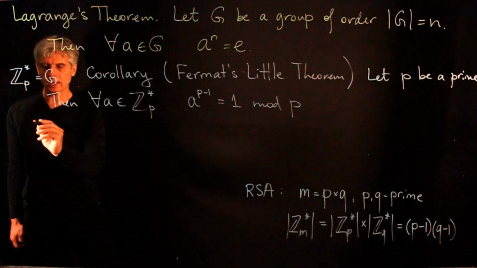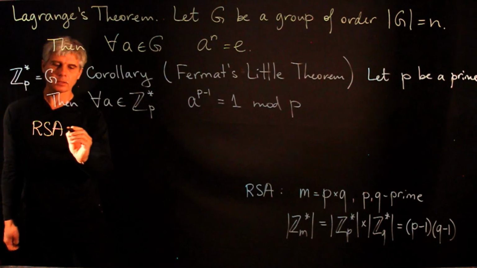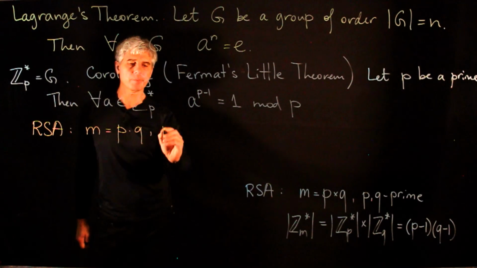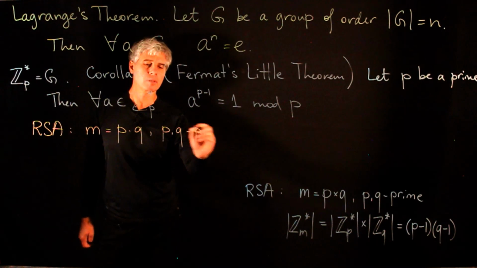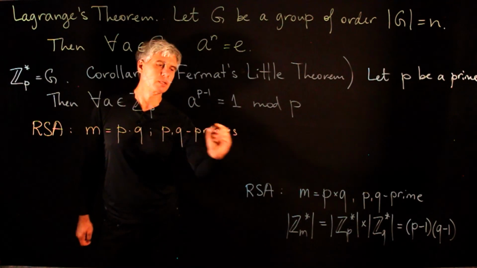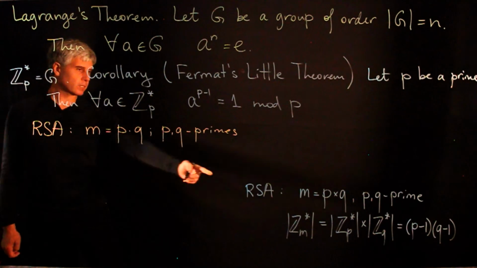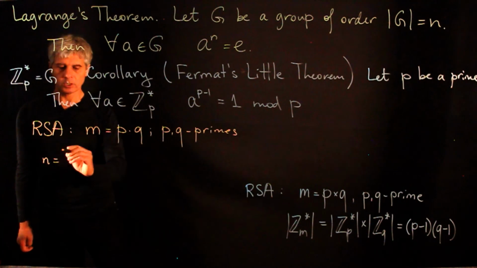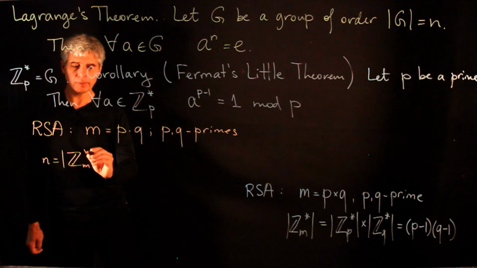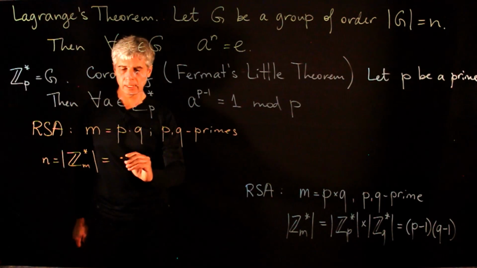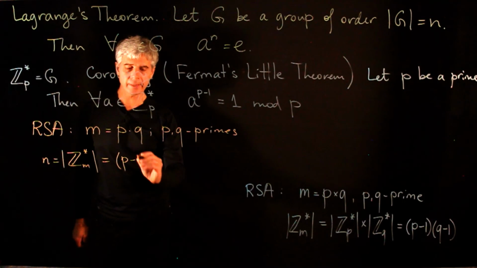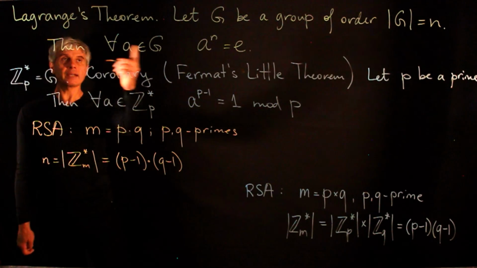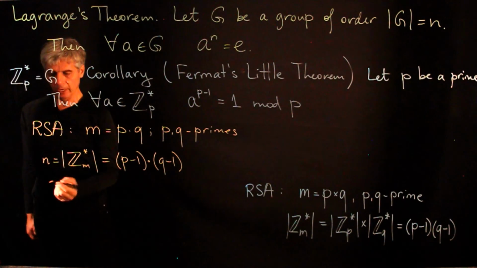For the RSA setting, we have M as the product of two primes, P times Q, where P and Q are primes. In this case, as we have calculated, the order of the group, n, which is the order of Zm multiplicative, is equal to P minus 1 times Q minus 1. Then Lagrange's theorem will be stated in the following way.